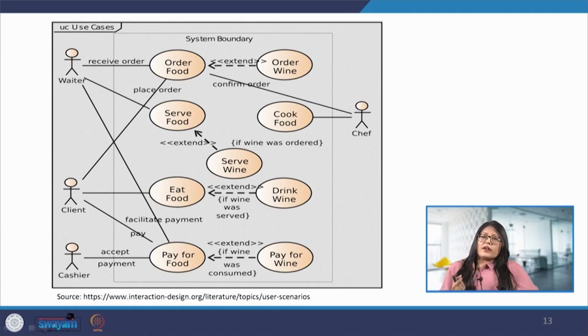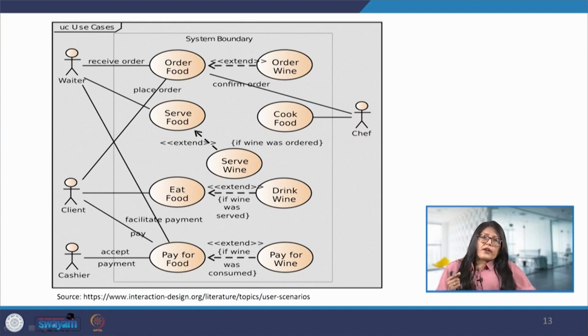So, there are certain advantages and disadvantages of using use cases. So, the advantage of using use cases is that it makes us think of the behavior that the user will have while using our system. So, we are more likely to develop a program that fulfills their needs, but at the same time the disadvantages are that they are not useful for capturing non-interaction based requirements.